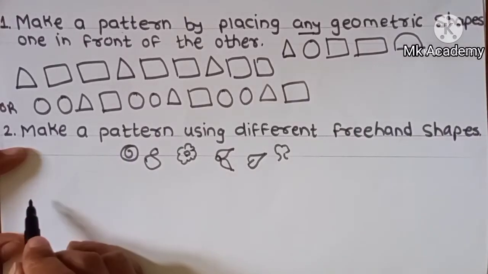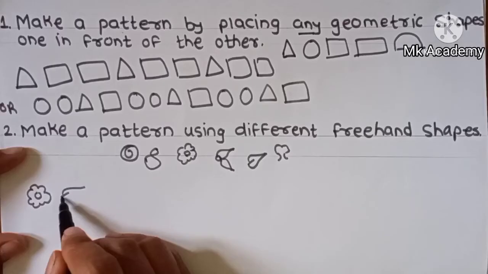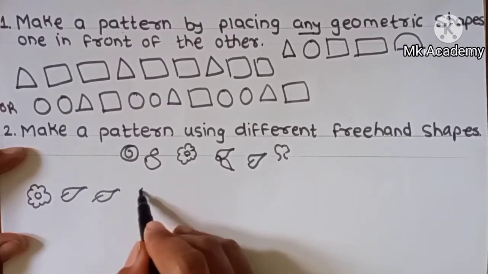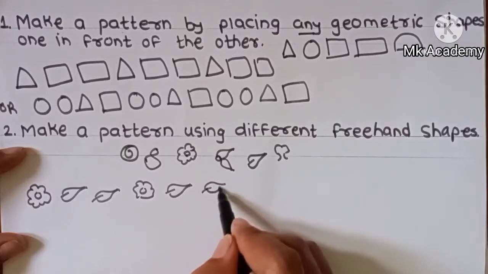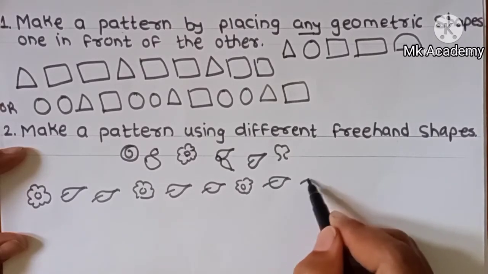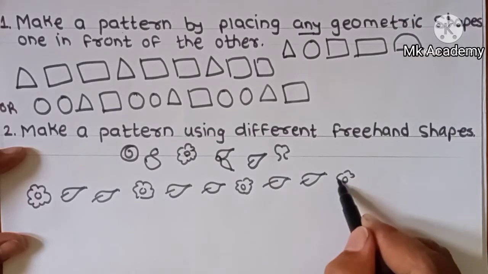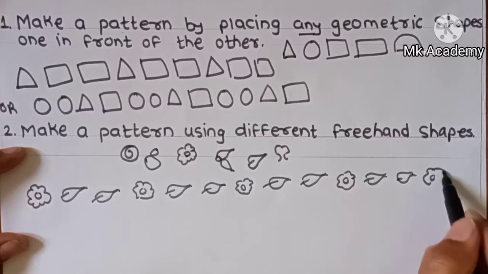See, I take first one flower, then 2 leaves, then flower, again 2 leaves, flower, 2 leaves, flower, 2 leaves.